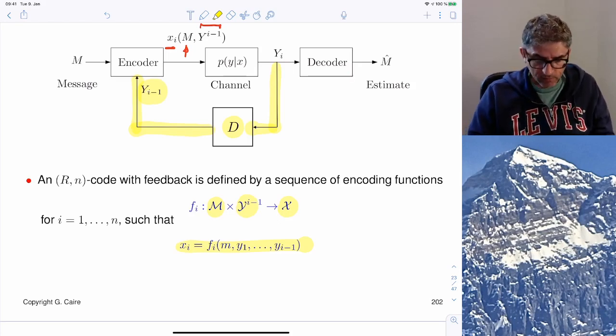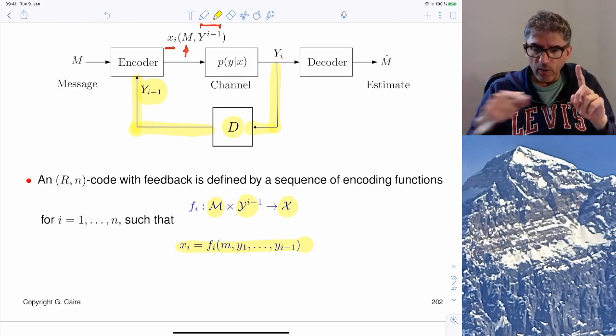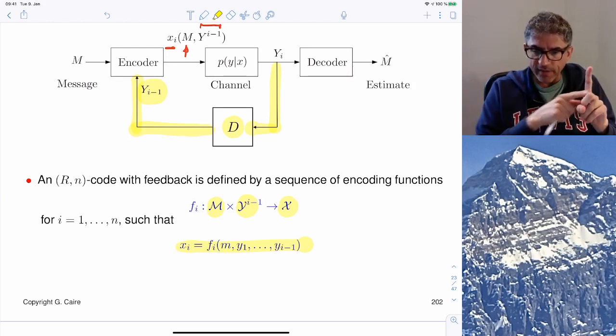In practice, when you have point-to-point transmission with some sort of feedback protocol, well, there is also a communication channel in the reverse direction, such that the receiver can inform the transmitter on what's going on.